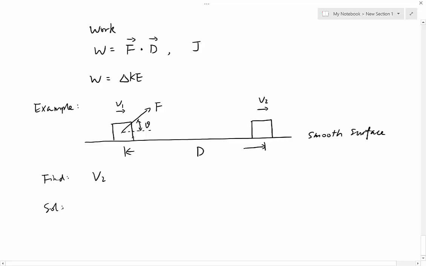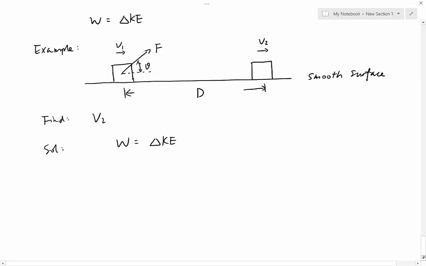How do we find final velocity v2? We can start from the equation we just developed. Work is equal to the change of kinetic energy. Alright, so let's start from the left-hand side first. Left-hand side is work. What's the definition of work? Force dot product displacement. How do you perform dot product? The magnitude of force multiplied by the magnitude of the displacement multiplied by cosine of the angle.